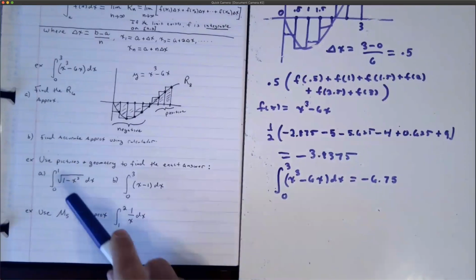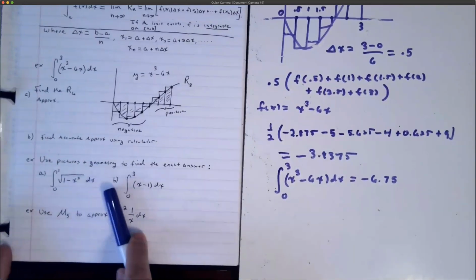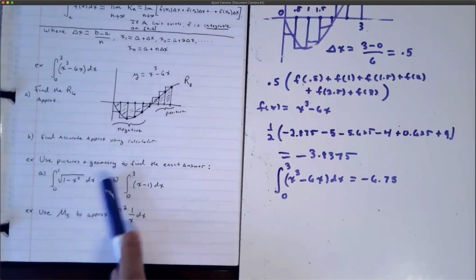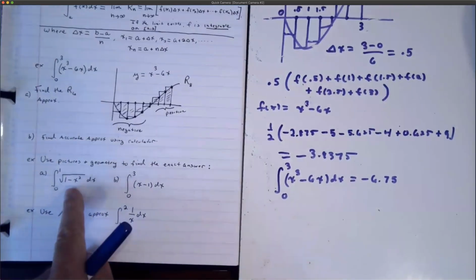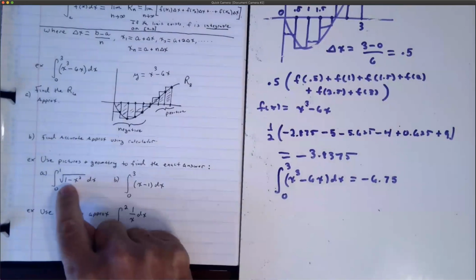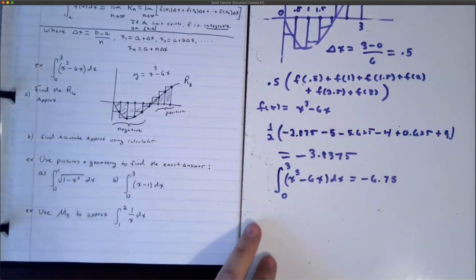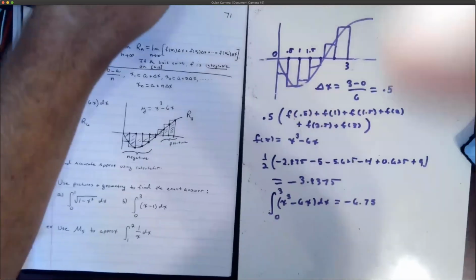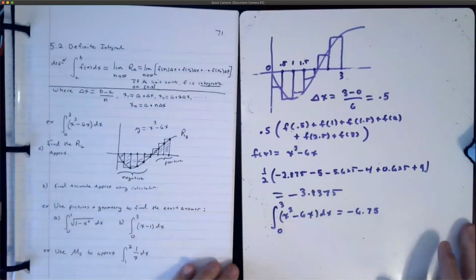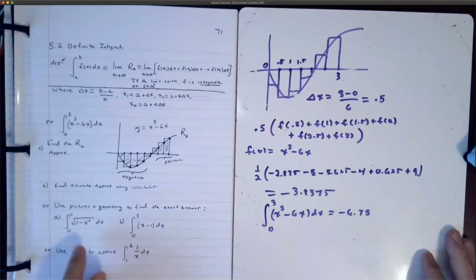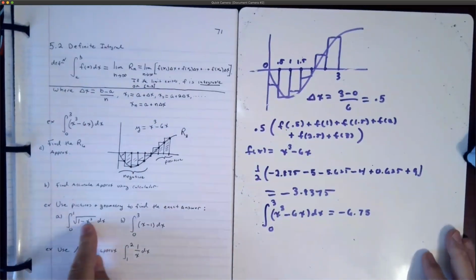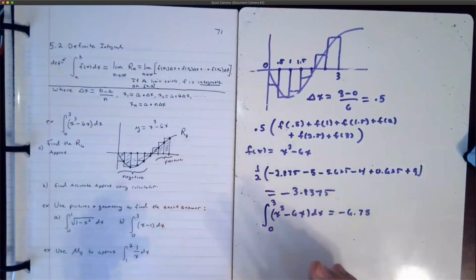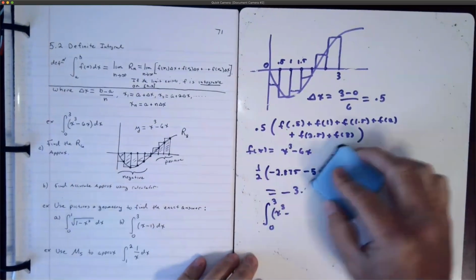Now, we actually can do some integrals exactly using pictures and geometry. So how would we find the integral from 0 to 1 of the square root of 1 minus x squared? Pause the video for a second, but before that, see if you can come up with a way to represent this as a familiar geometric object, and then interpret the integral as the area underneath the curve.